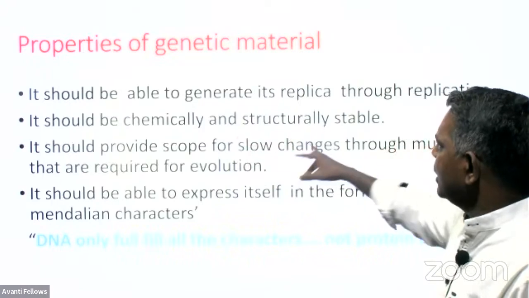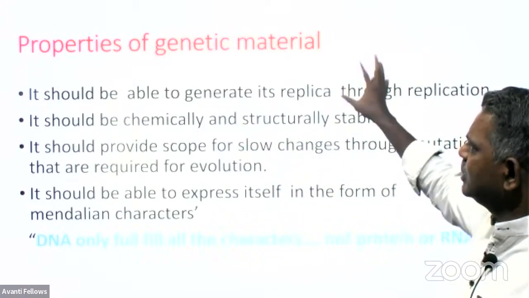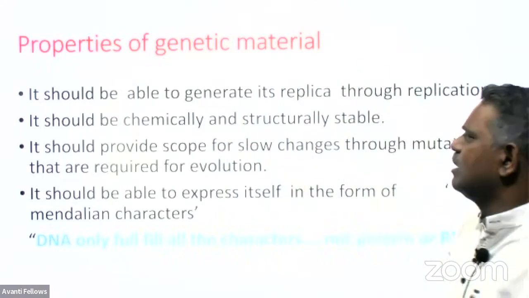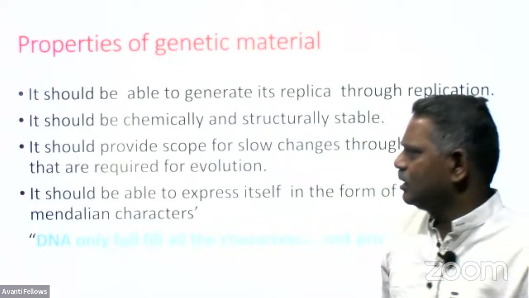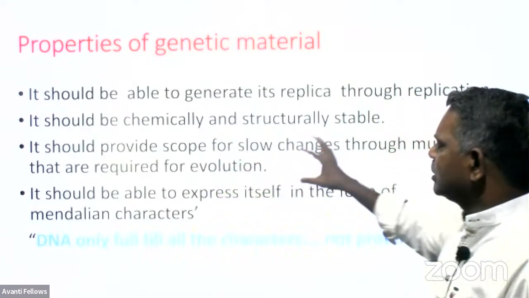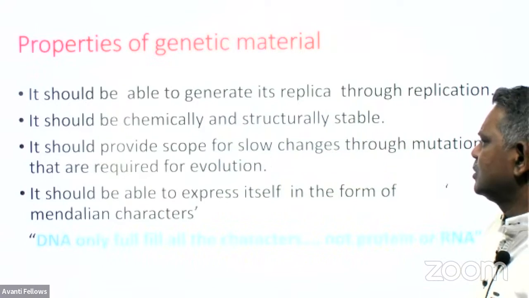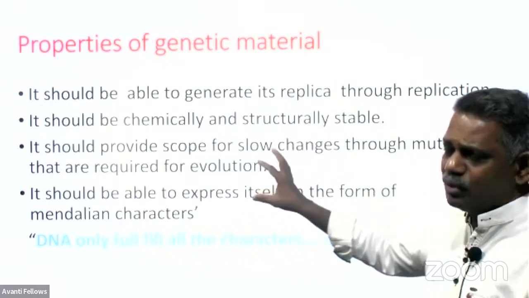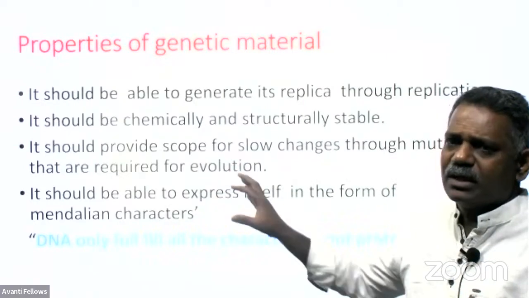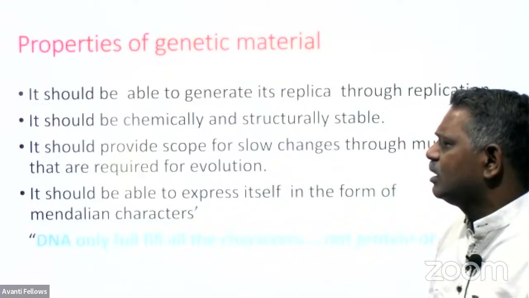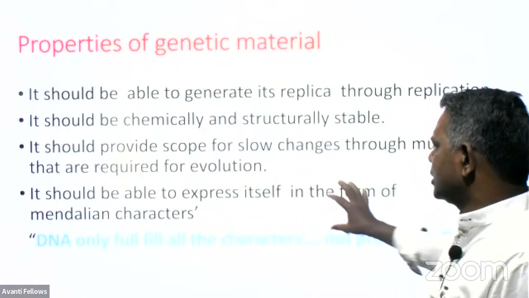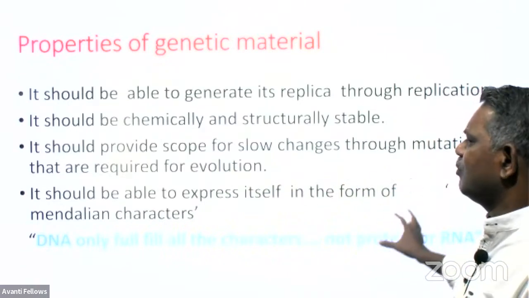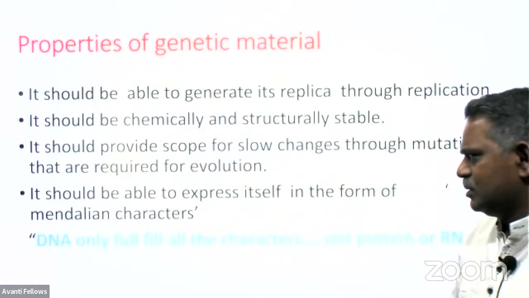And it should be chemically and structurally stable. The genetic material should be stable chemically and structurally. And it should provide scope for slow changes through mutation that are required for evolution, remember this point that we discussed in the morning. And it should be able to express its character in the form of what? Mendelian characters.